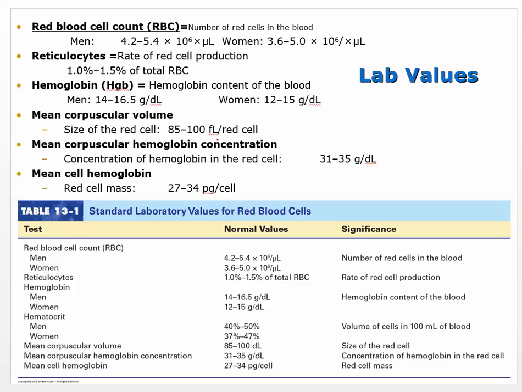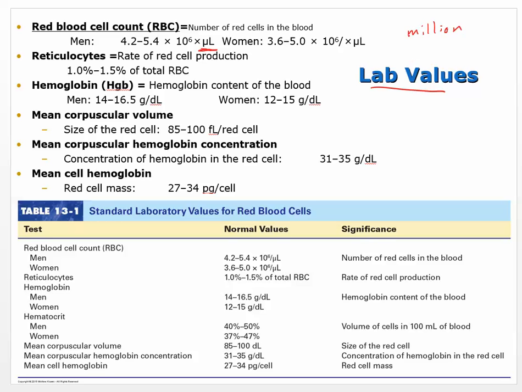Okay, so lab values. If we look at lab values, the red blood cell count is a very important lab value. We want to know how many red blood cells there are. I think I may have had the units wrong before, but it's about 4.2 to 5.4 times 10 to the 6, so that's million.